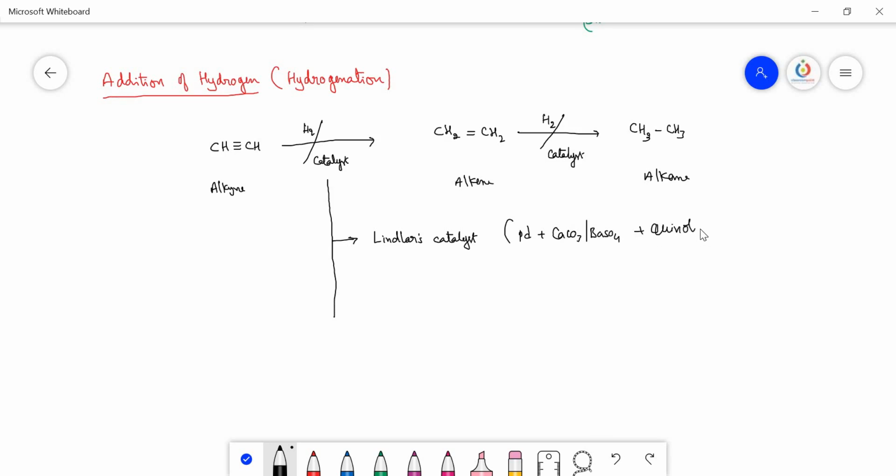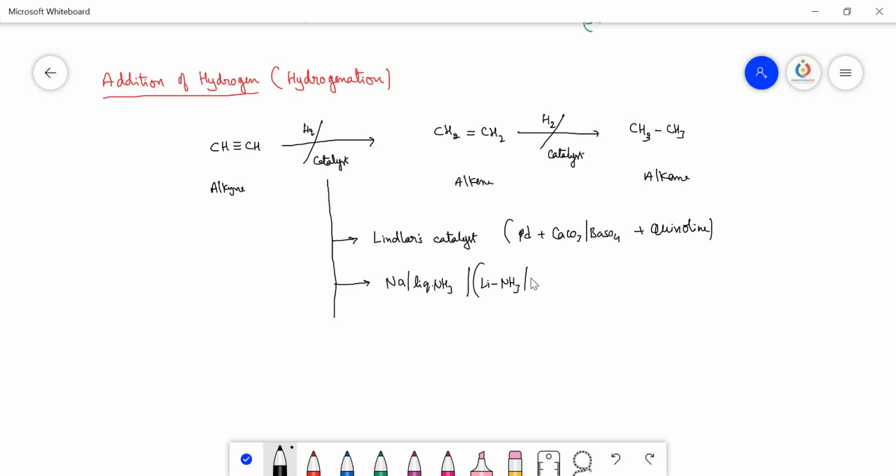Even acetic acid also will be there. This complete combination including acetic acid is called Lindlar's catalyst. And there is one more catalyst, that is sodium in liquid ammonia, or lithium in ammonia. Instead of sodium we can take lithium also.